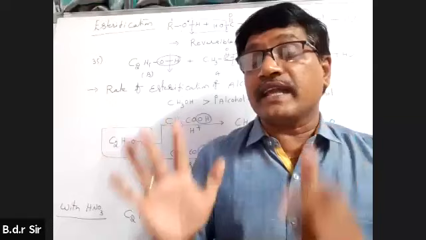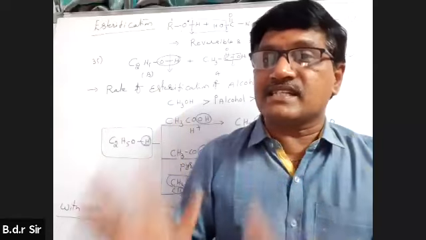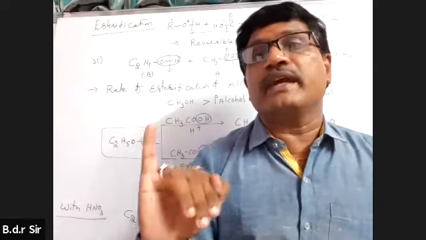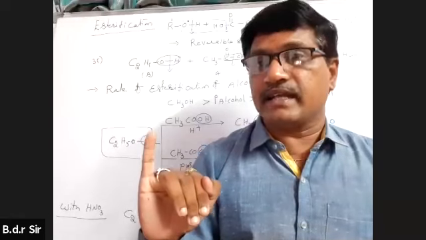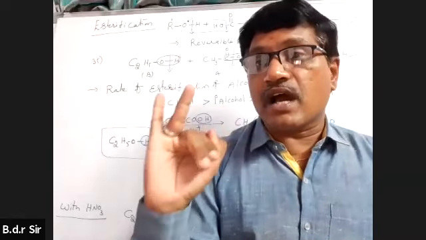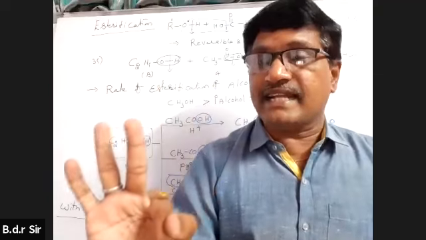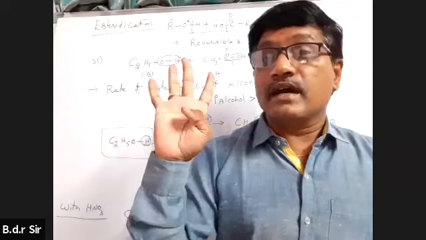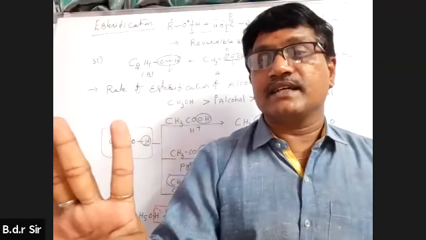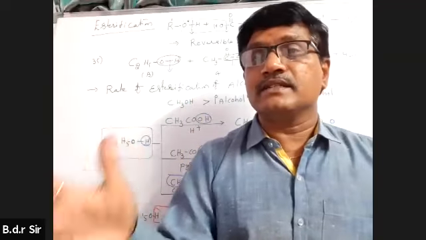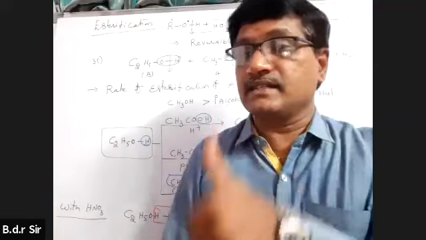Which of the following is OH bond breaking reaction? One is with sodium or alkali metal. Second one with carboxylic acid. Third one with acid halides, with acid anhydrides, with nitric acid, with Grignard reagent.